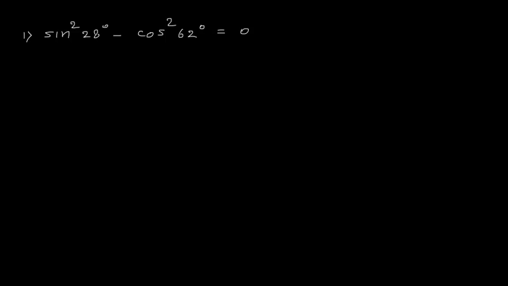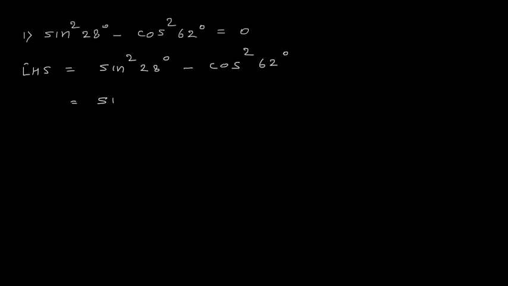So here we have the first question. We will take the left hand side, LHS. Our left hand side is sin square 28 degree minus cos square 62 degree. Now this is equal to, I will convert cos to sin.